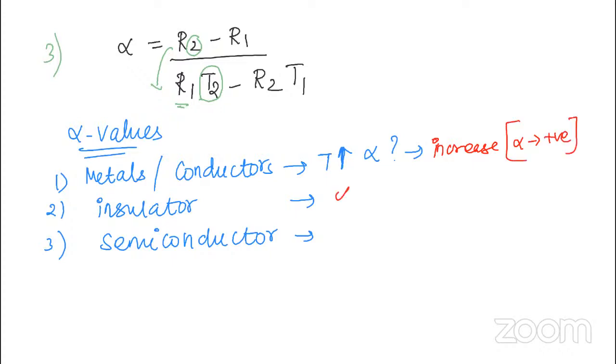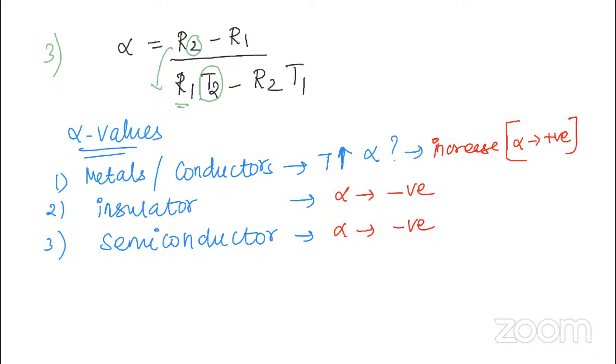For the insulator the alpha value is negative, and for semiconductors it is negative. Yes, very good. For metals only it should increase. For the other two, the insulator and semiconductors, the alpha value decreases.